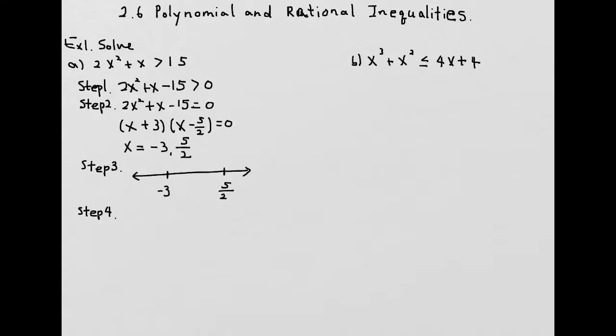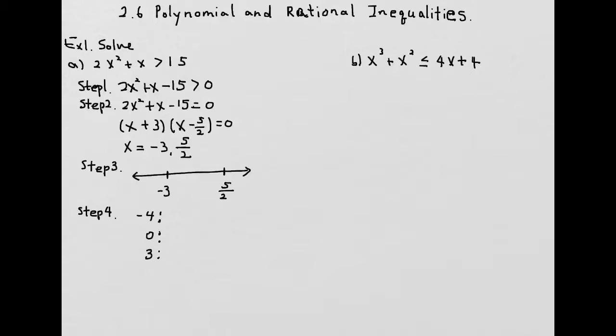If you want to, you can test negative 4. That's the first area that you're going to test. To test the middle area, you can replace x by 0. To test the area all the way to the right side, you can use 3, right?